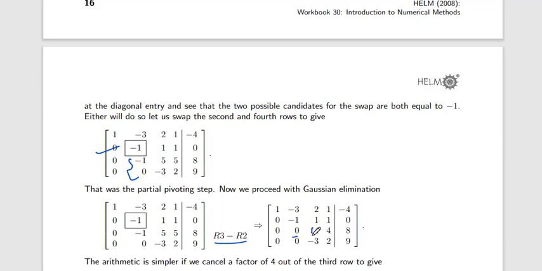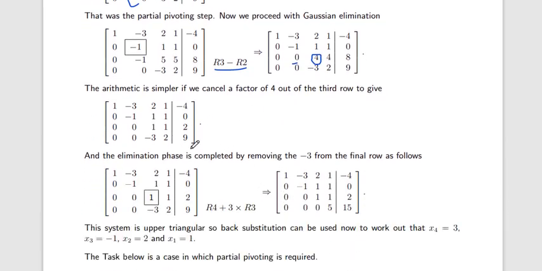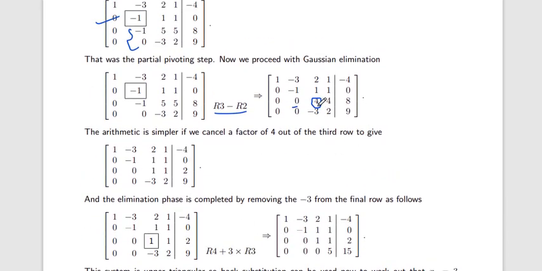Now let's talk about the third row and third column, 4. Here you can see 4 4 8, you can divide this row by 4, also factor 4 out of the third row, and you get 1 1 2, or you can also get the answer without applying this operation, okay.